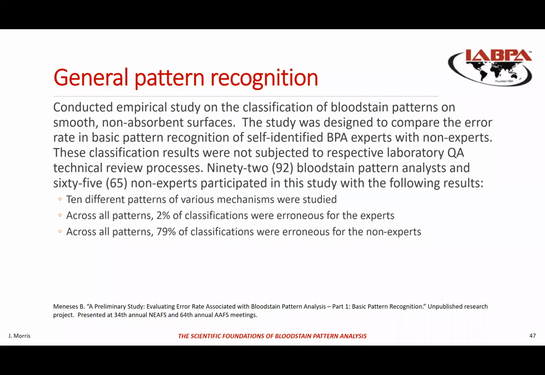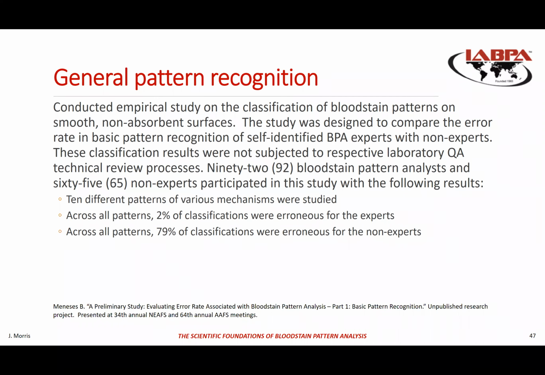Here we had a study that didn't just look at spatter-producing mechanisms. It looked at 10 different patterns that were drips and transfers and spatters. So a much larger variation of pattern types. And this looked at those who were self-proclaimed experts in BPA and those who they knew were novices.